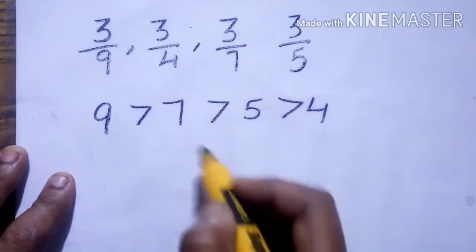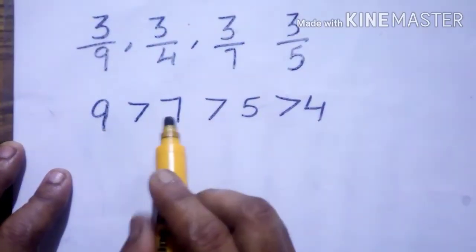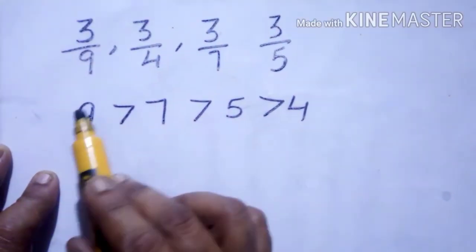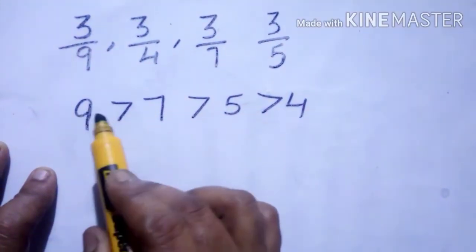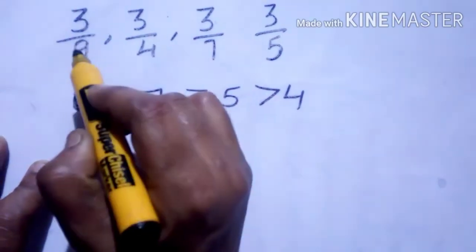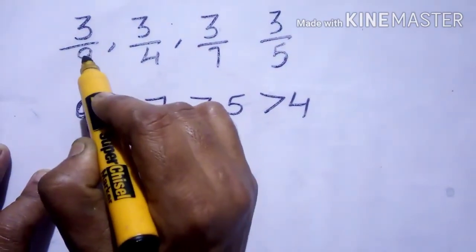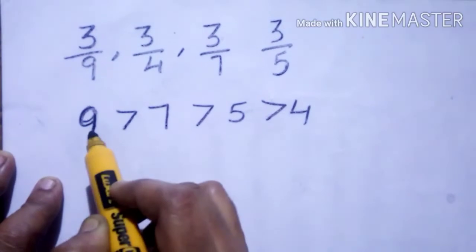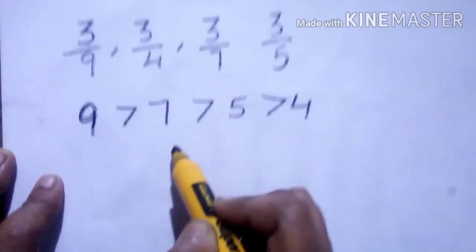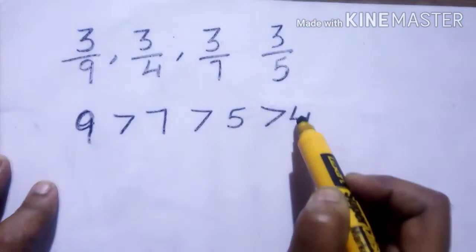Now we have to write the fraction of this denominator. In which, suppose 9, that means 3 by 9 will be smaller here. Here 9 is greater but the fraction will be smaller. So which one we have to write first? 3 by 4.